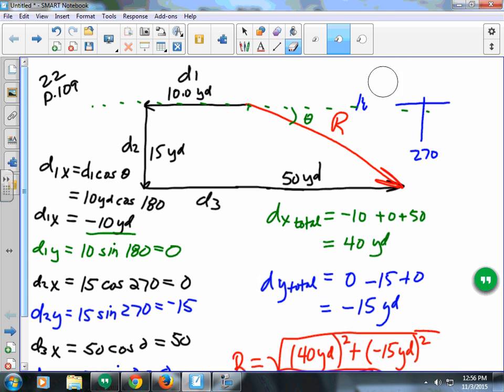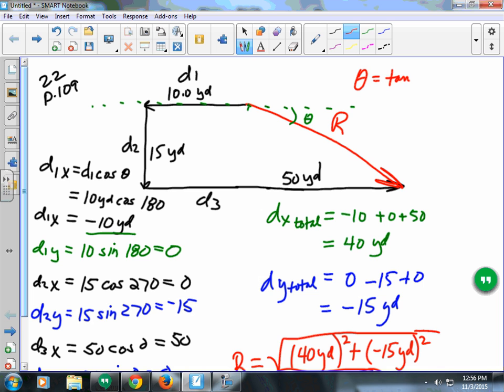Just extend the page. Alright, so the angle is going to be y over x. So that's negative 15 over 40. I got 20.6. Okay, so what does that mean though? You know, that's below the x-axis, right?